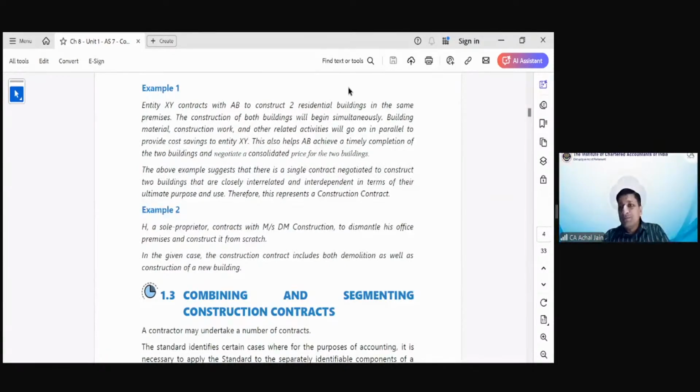Example number 2. H, a sole proprietor, contracts with Messrs. DM Construction to dismantle his office premises and construct it from scratch. Means an office premises is going to be reconstructed.